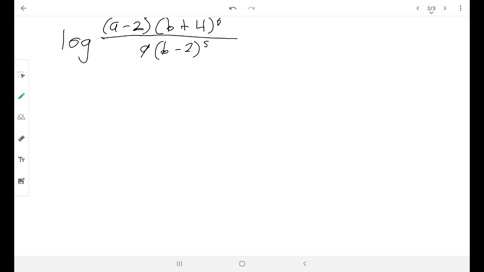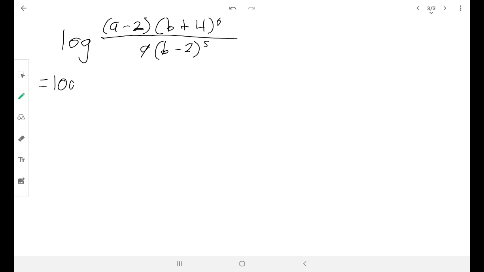Okay, so we want to expand this again. This is all in one logarithm, and we're looking to expand it into multiple ones. So again, what I see is I've got division here, okay? And I can expand that division into subtraction. So let me do that first.